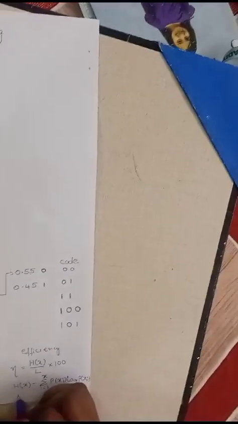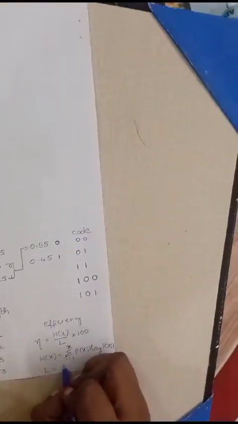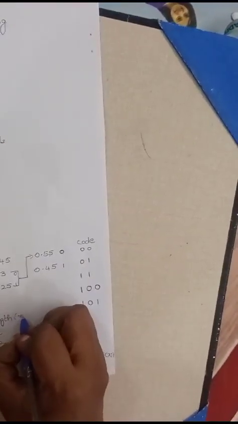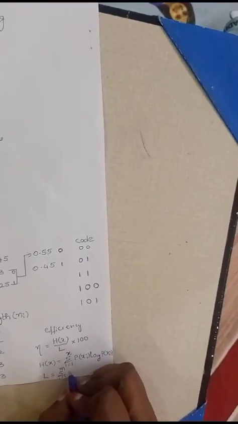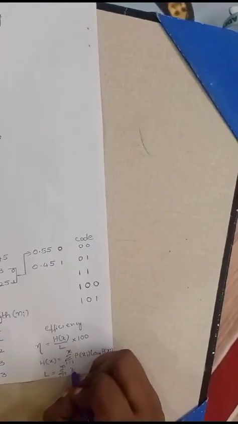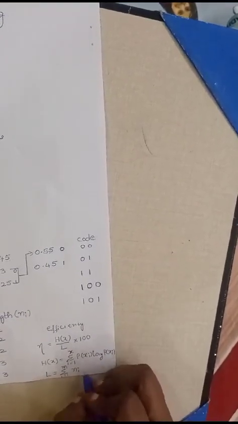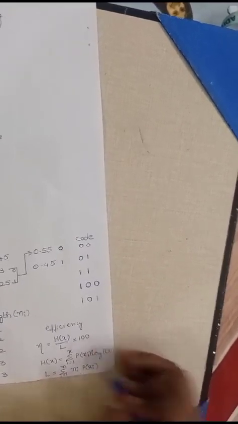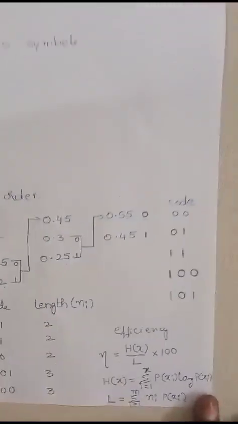And the average length can be found as sigma i equal to 1 to m, where the code word length is represented as ni, into its probability p of xi.